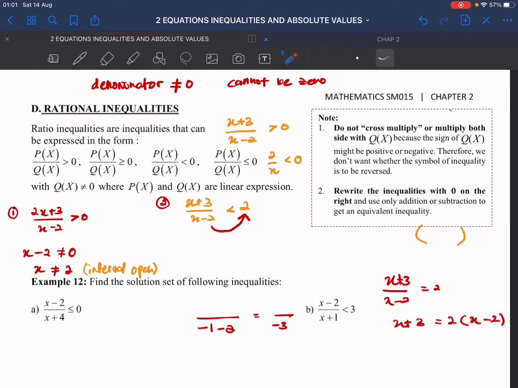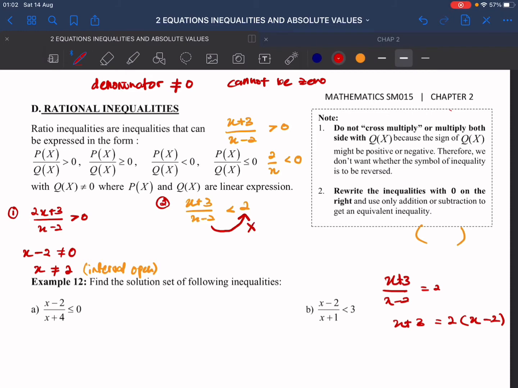Kalau kita darab or divide by negative number, what happen to the inequalities? The sign will change. So it should be greater. Tapi sekarang kita tak tahu x apa. So since kita tak tahu x apa, kita kena avoid untuk cross multiply. Okay, kita avoid cross multiply. Don't cross multiply dekat sini.